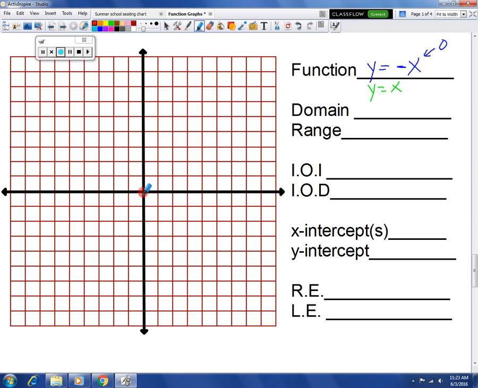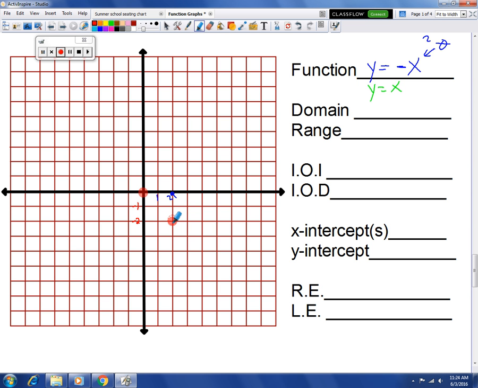Alright, if we plug in a positive 2, that negative in front changes it to a -2. So when I plug in positive 2, here's positive 1, here's positive 2 on the x-axis. I have to find where -2 is on the y-axis, not positive 2, -2. So where the blue positive 2 and the red -2 meet, that's where I'm going to be.